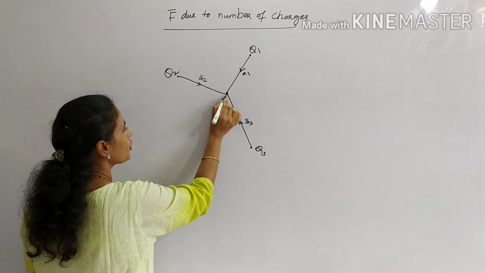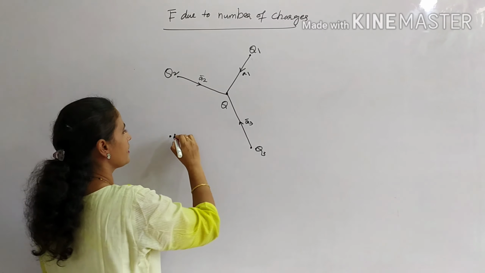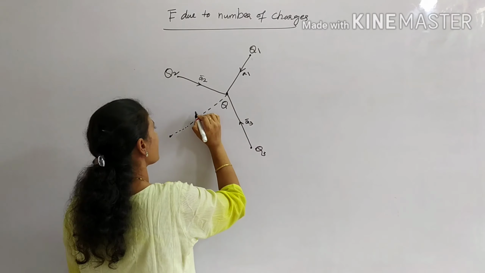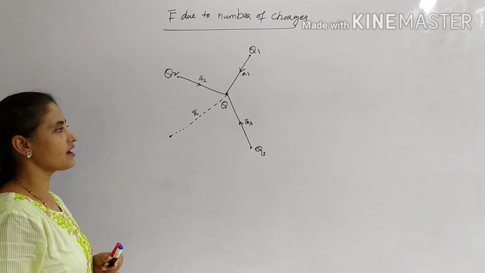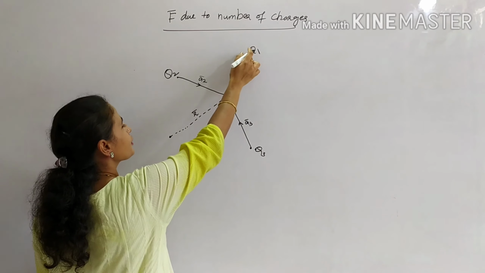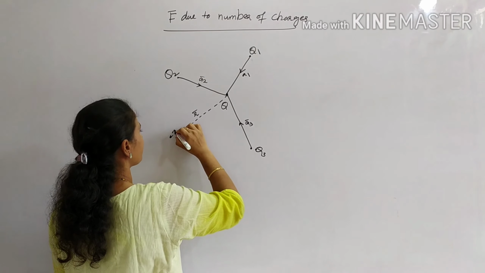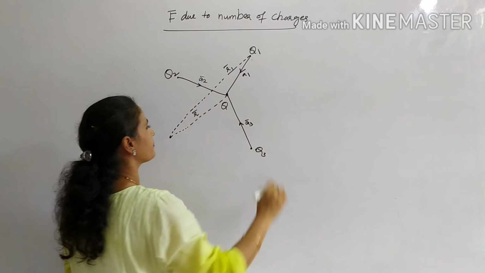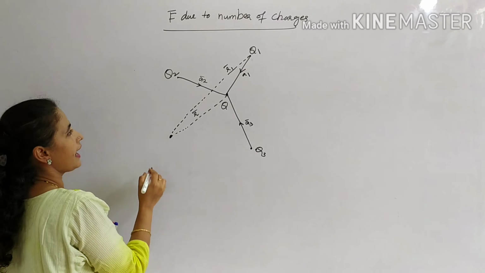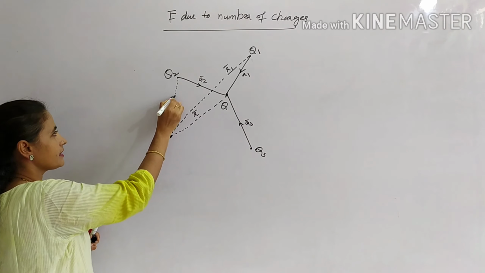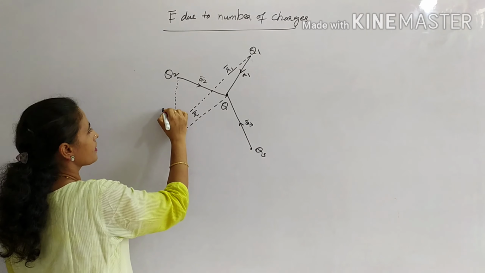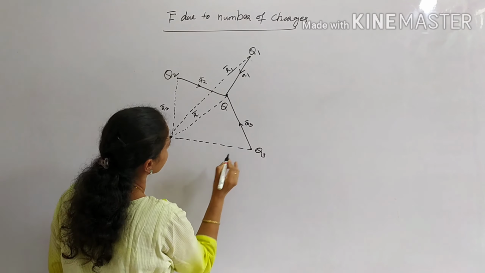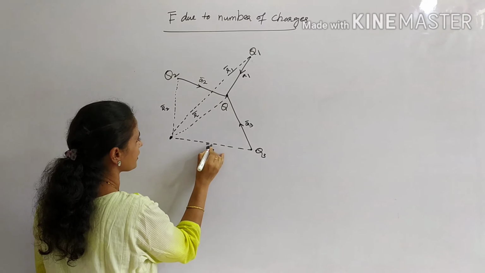Let Q be at a vector distance R bar. Let Q1 be at a vector distance R1 bar from the origin, Q2 at a vector distance R2 bar, and Q3 at a vector distance R3 bar.